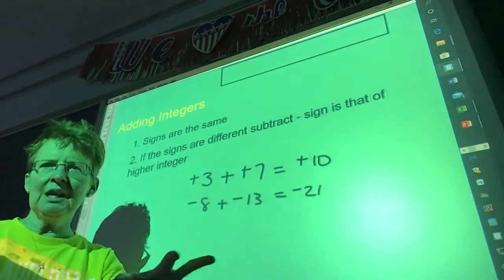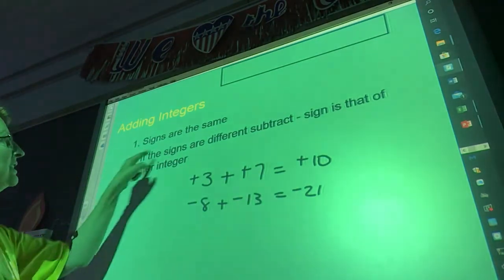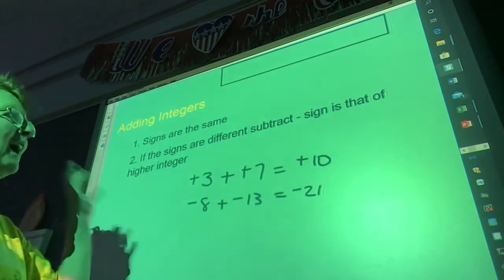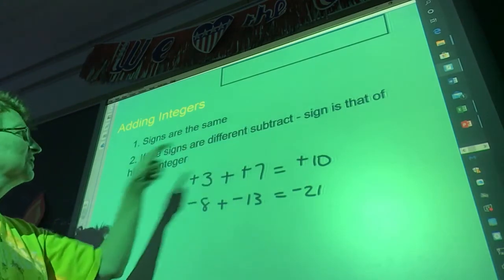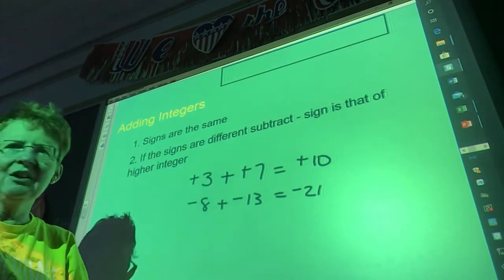Now, the tricky part on adding integers is if the signs are different. You have to subtract the 2 integers, and then your sign is going to be whichever the higher integer is.